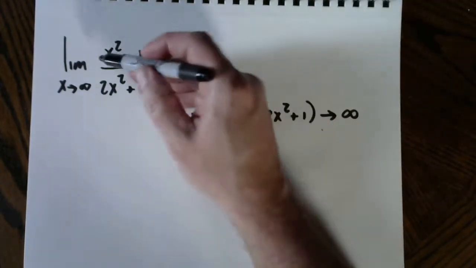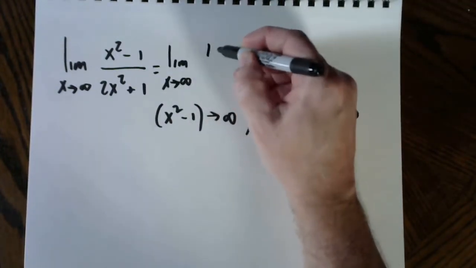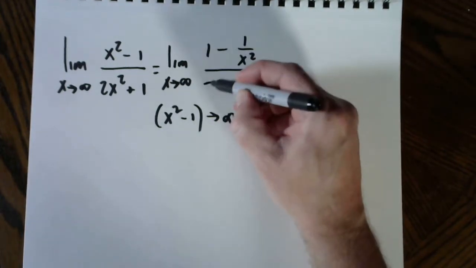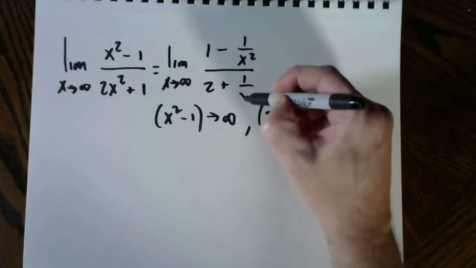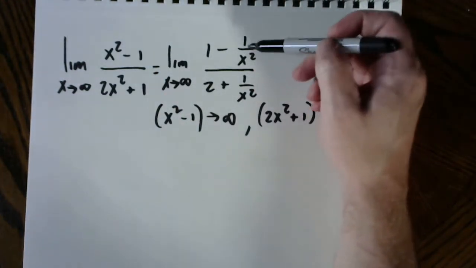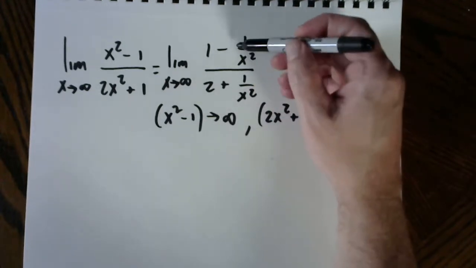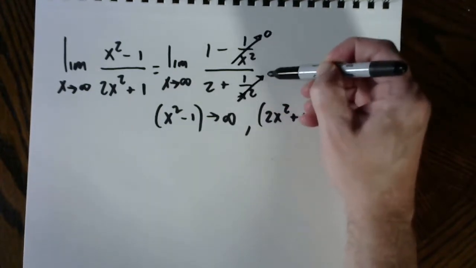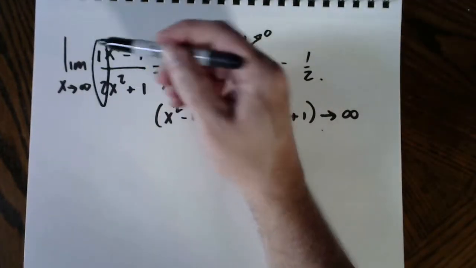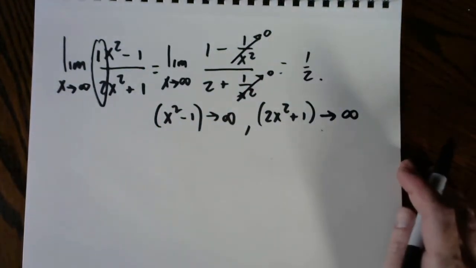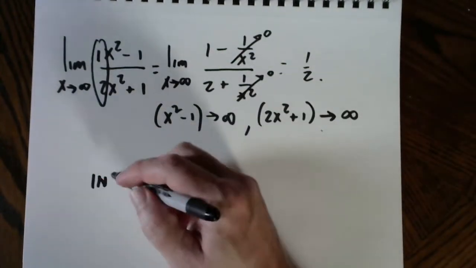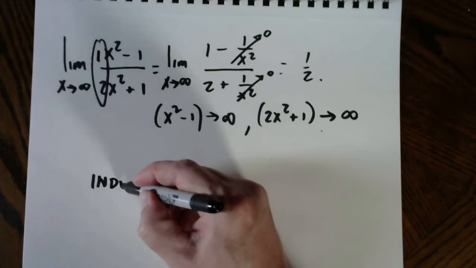Or you can divide everything by the highest power. This is what I was saying before. If I divide out everything by x squared, what I'm doing now is changing infinities to zeros, right? I'm getting zeros out of the process. These are zeros. That goes to 0. That goes to 0. Goes to a half, right? Leading coefficients as well. Okay, so the point being, though, this is another indeterminate form.